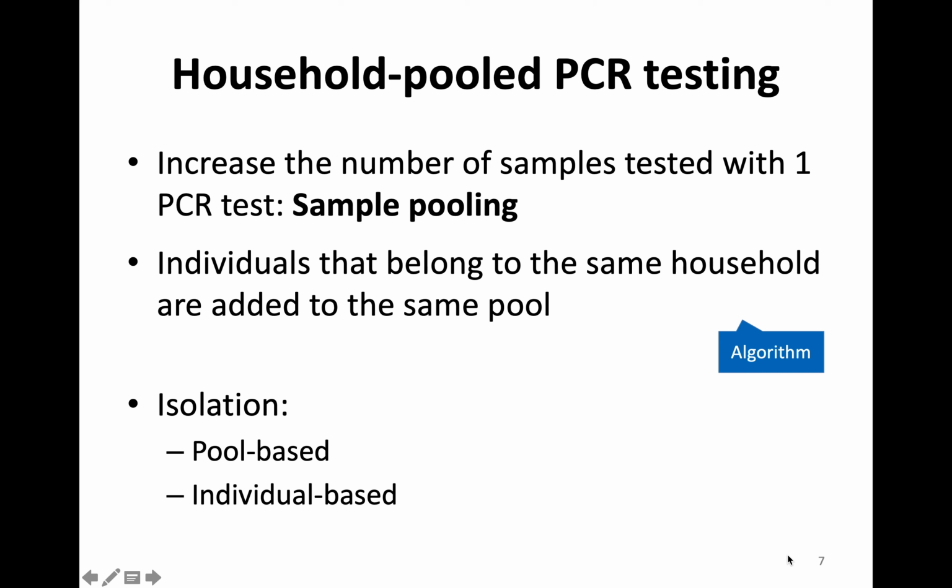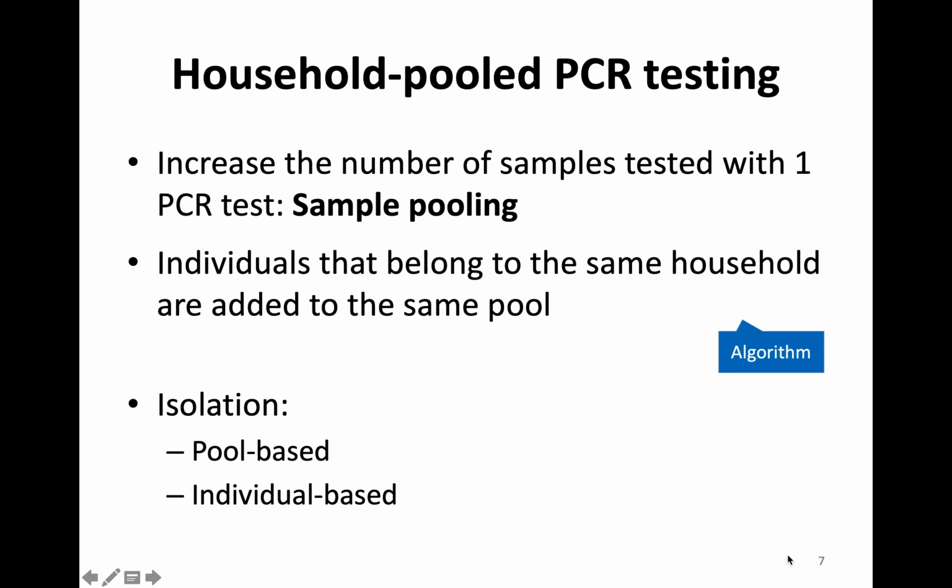And this might really limit the compliance with respect to universal testing, which of course will also impose quite a burden on individuals, as they need to be tested every week, and therefore pool-based testing might induce compliance problems.